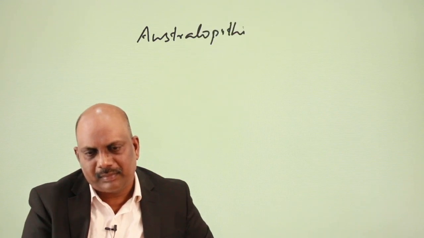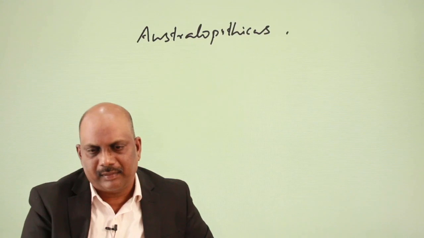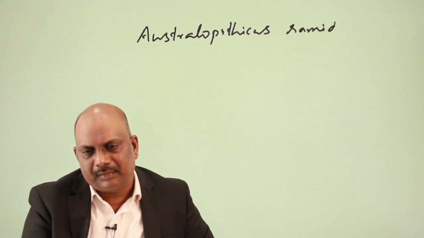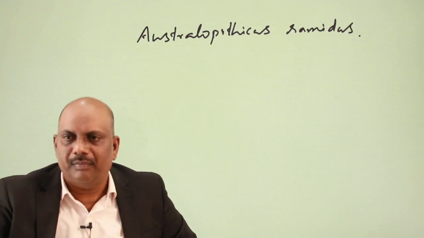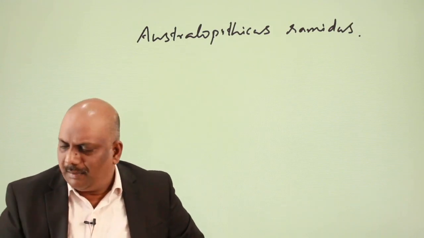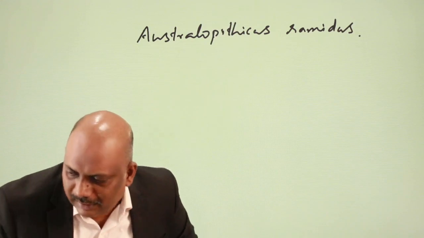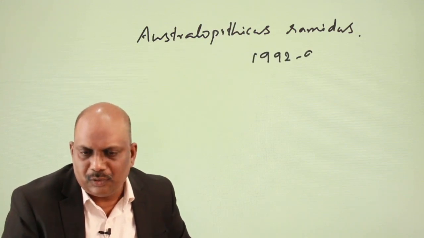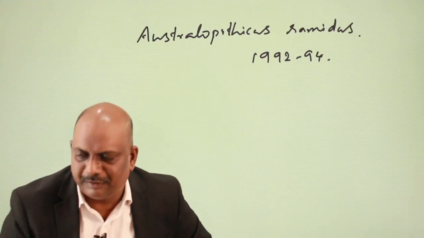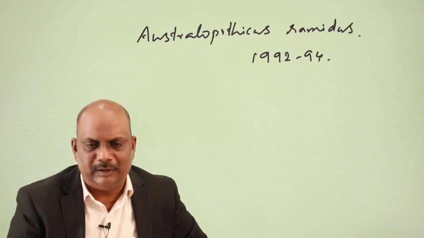Then there was one more important discovery. It was originally named Australopithecus ramidus. This fossil was discovered in the years 1992 to 94 from the Aramis region of Ethiopia.